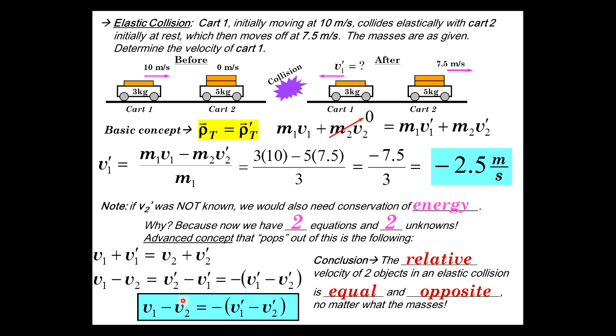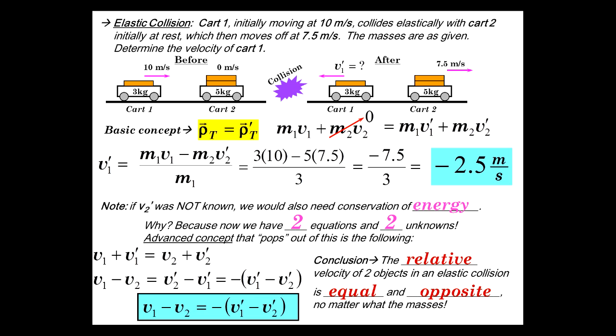This is an expression of the relative velocity of objects 1 and 2. As these carts come together, this is the relative velocity as they come toward each other. After the interaction and they're separating, this is the relative velocity of the carts after the interaction. And there's a negative in front of it.